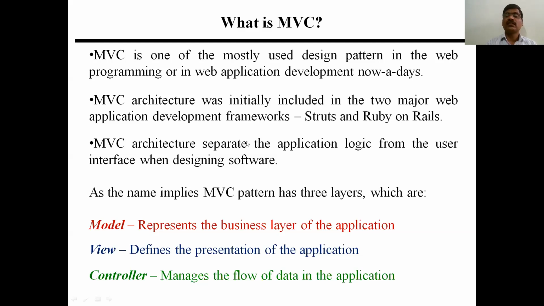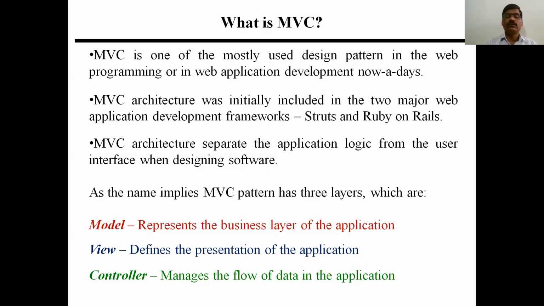MVC architecture will separate the application logic from the user interface when designing the software. This point is very important. The MVC architecture is separating the application logic from the user interface when we are designing any software application. So as the name implies, the MVC pattern has three layers.